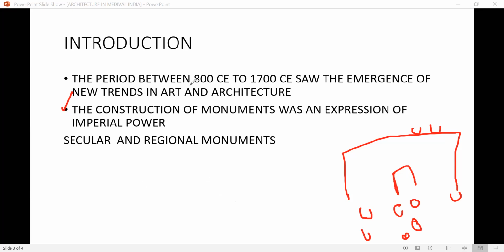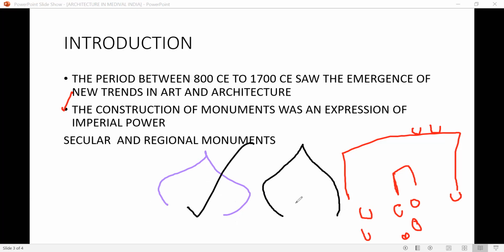One was the white Taj Mahal that we all know, and let me draw it with purple color. And one was a black Taj Mahal. He wanted a duplicate, and he wanted to spend a lot of money on these tombs.